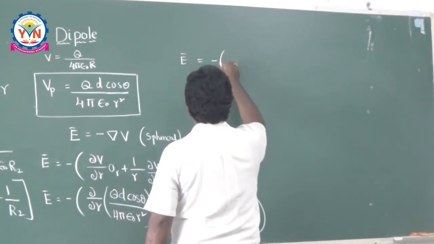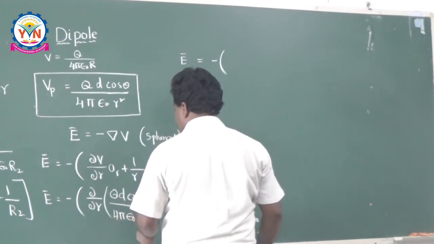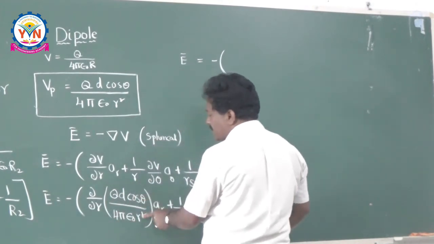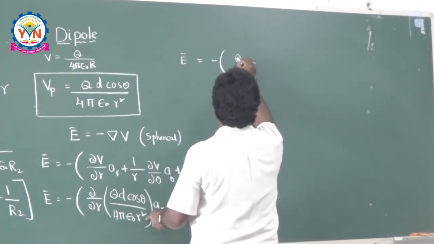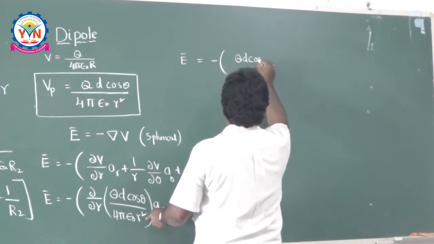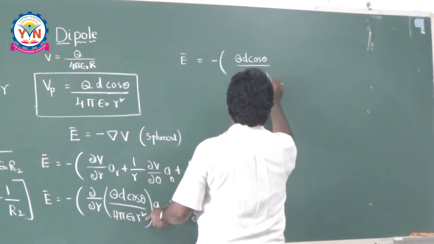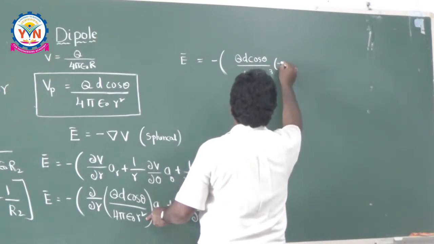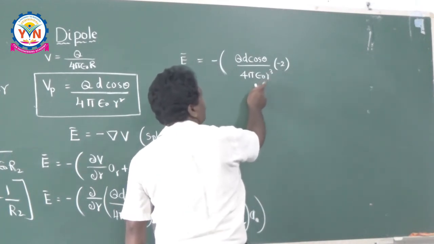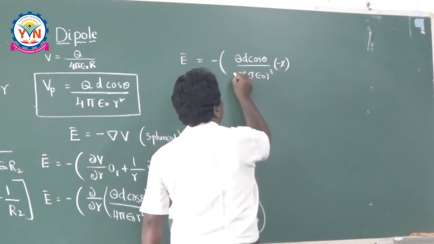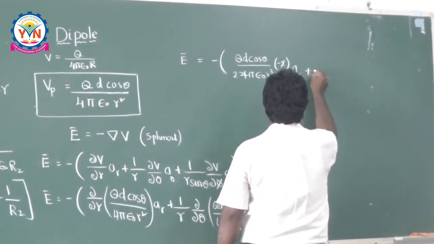E bar is equal to minus of dou by dou R of QD cos theta by 4 pi epsilon naught into R square, means 1 by R square, whose derivative is minus 2 by R cube. So you can say QD cos theta by 4 pi epsilon naught into R cube into minus 2. Actually it is minus 2 by R cube, so the minus signs cancel, and this is 2 times in the AR direction, plus.